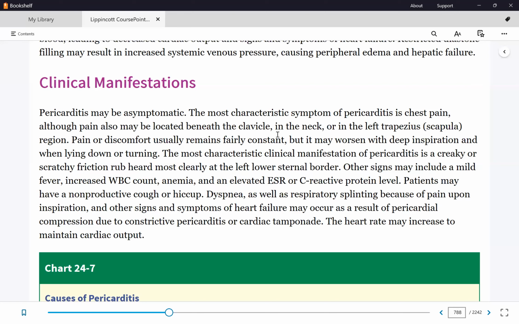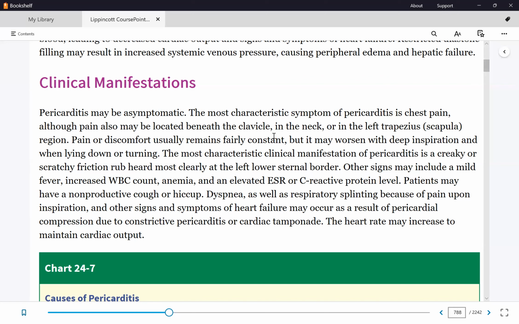With every heartbeat it is very painful because that is literally the heart beating against a really inflamed pericardium. The only position that will relieve the pain is if they sit up and lean forward. That provides some relief. But of course, can you sleep like that? No. So we have to treat that pain, correct?